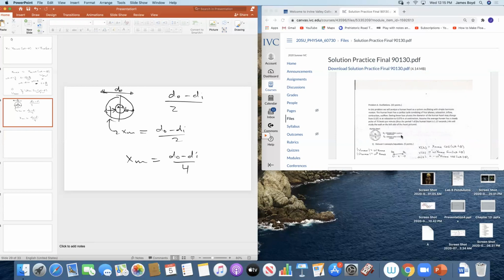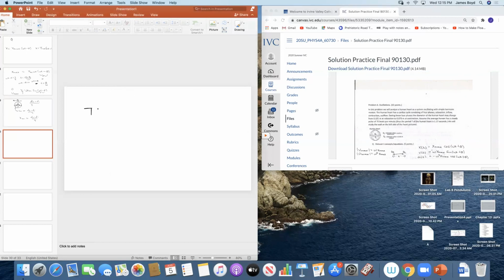Once we have that, you can see in this problem, we're told the period, and I totally messed this up, by the way. If a human heart beats 70 times a minute, 70 beats per minute, there are 60 seconds in a minute, right?